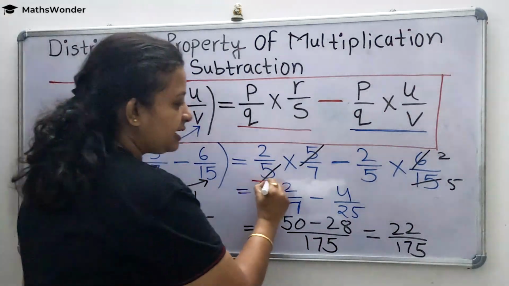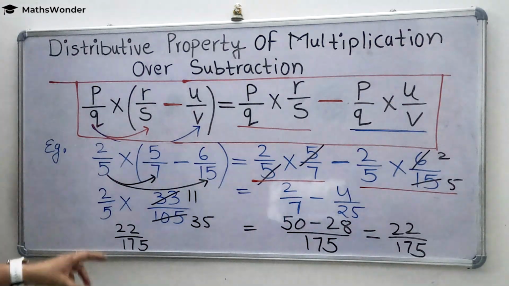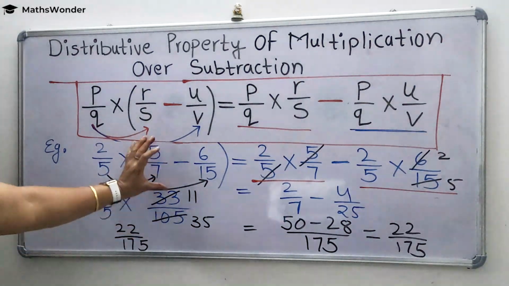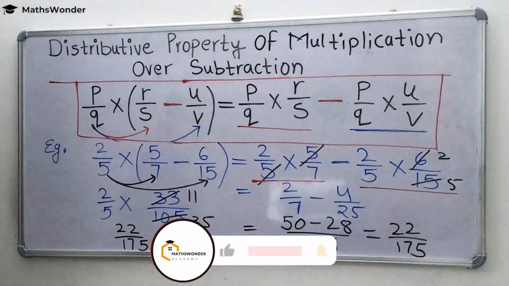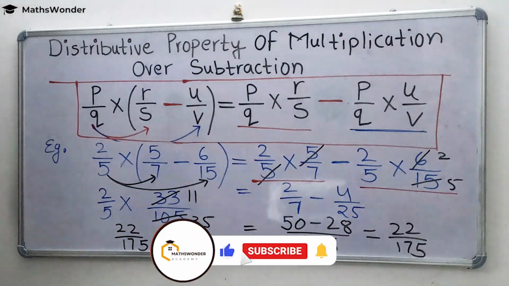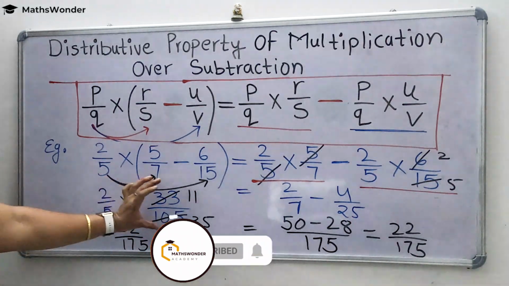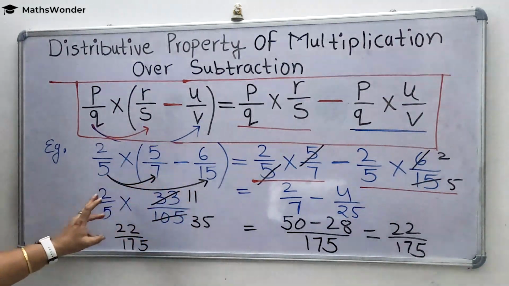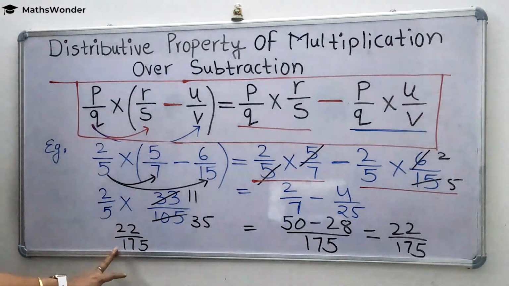Because if you simplify here, it will be easier for the next step. So here you will take the LCM and make the denominator the same, that's up to you. Then check again, can we simplify something? Yes. So we get 22 over 175 on the left hand side.